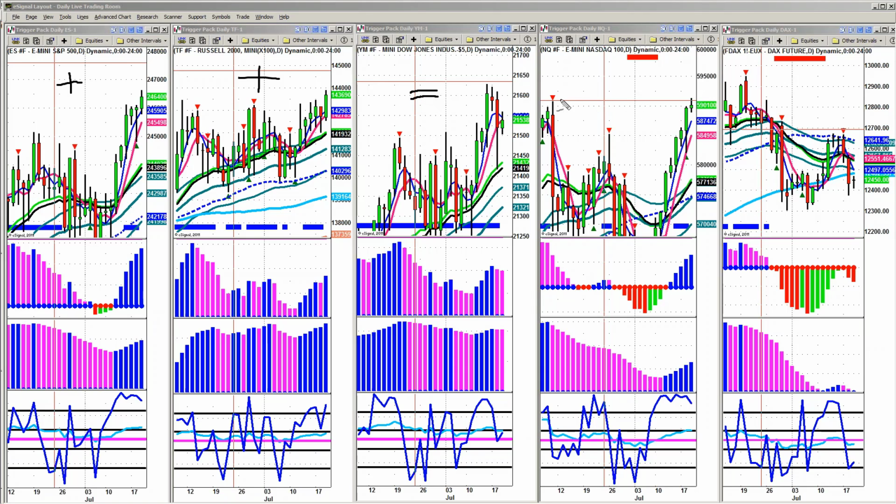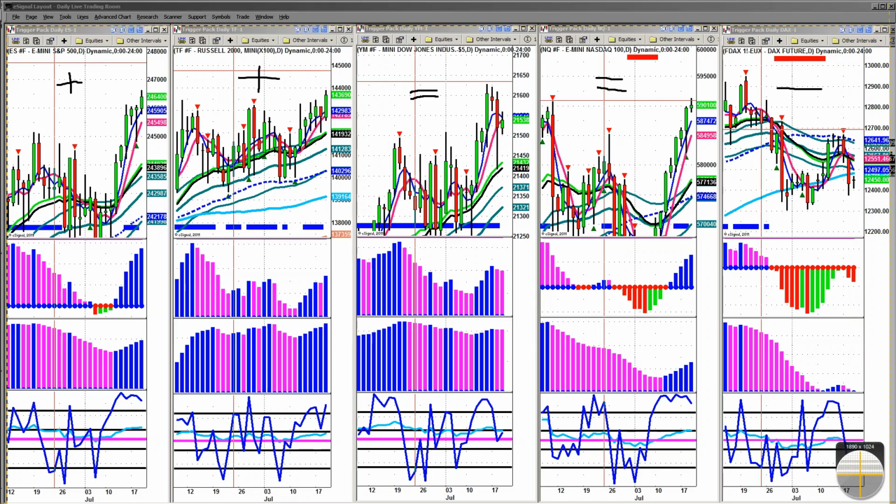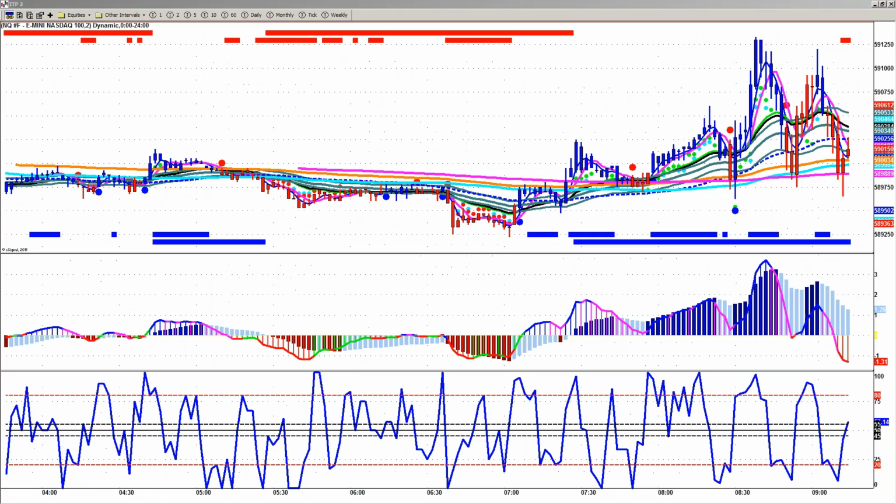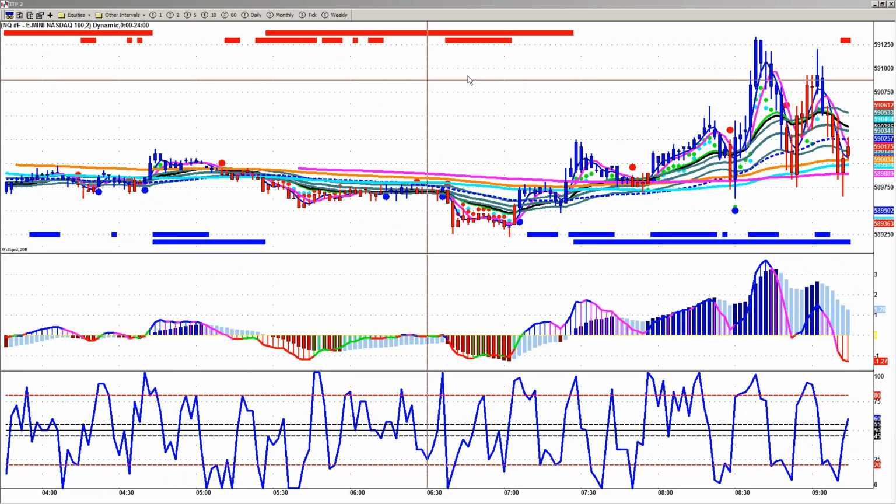That's a problem. We are at resistance on the Nasdaq as well. That's a problem. And we're outright negative on the DAX. What does all of that basically equal? Not very good math for continuation at this moment, does it? Okay. And then we take that, combined with the issue of what we have on the VIX.